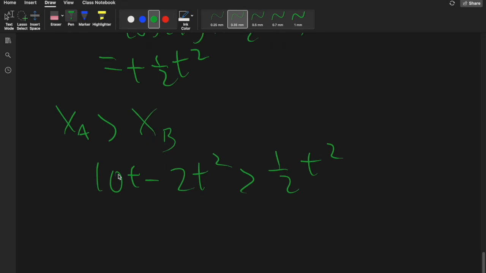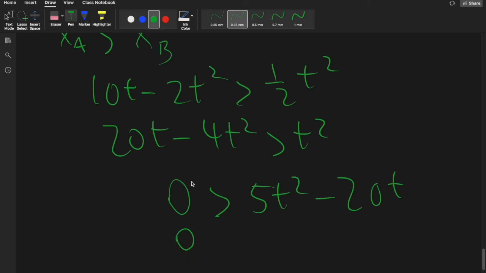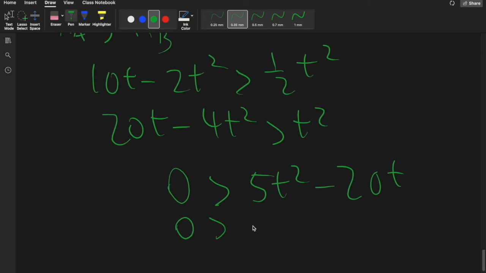So I'm just going to multiply both sides by 2 because I don't really like fractions. So combine the like terms. Divide both sides by 5.